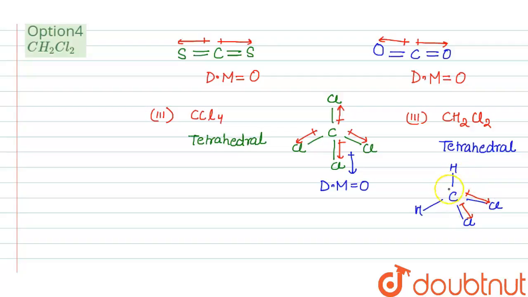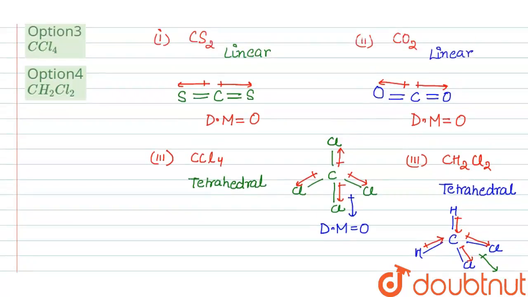And since carbon is more electronegative than hydrogen, the dipole will be here and towards carbon. So the net dipole moment will be somewhat in this direction. So this molecule will have some dipole moment, so its dipole moment is not 0.